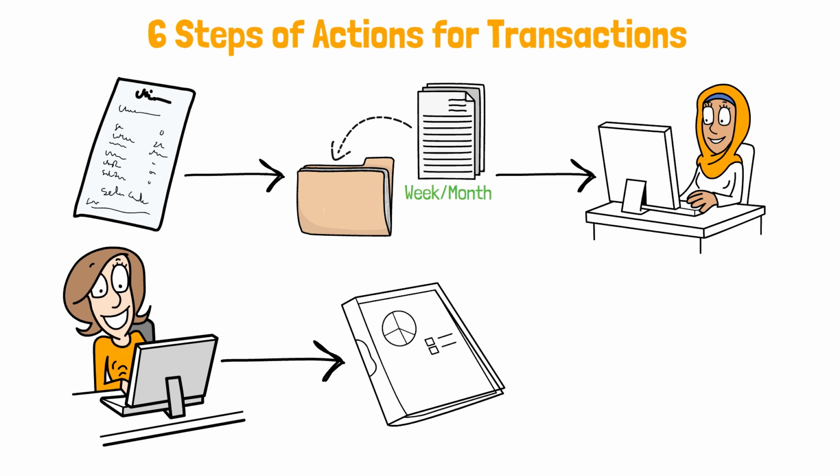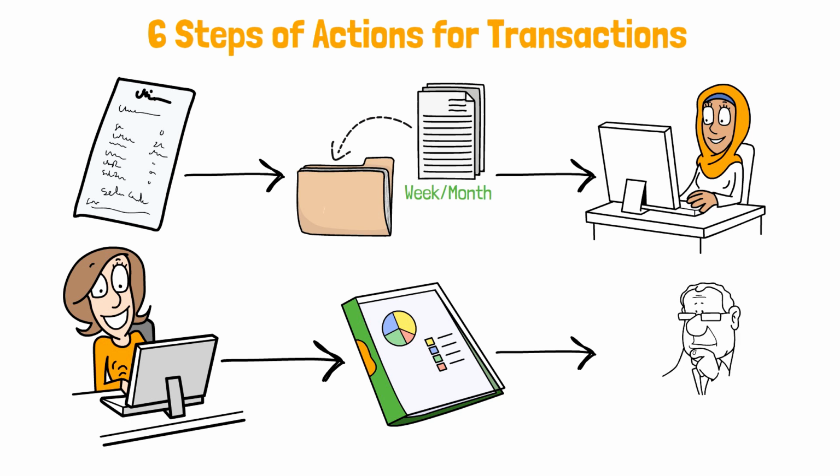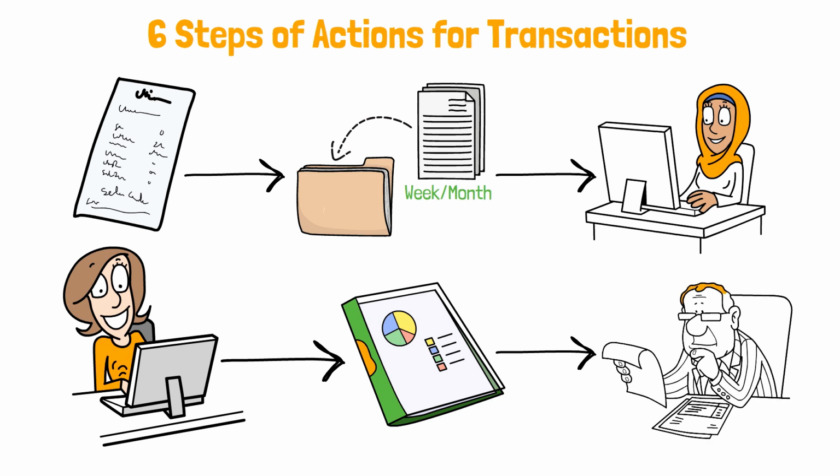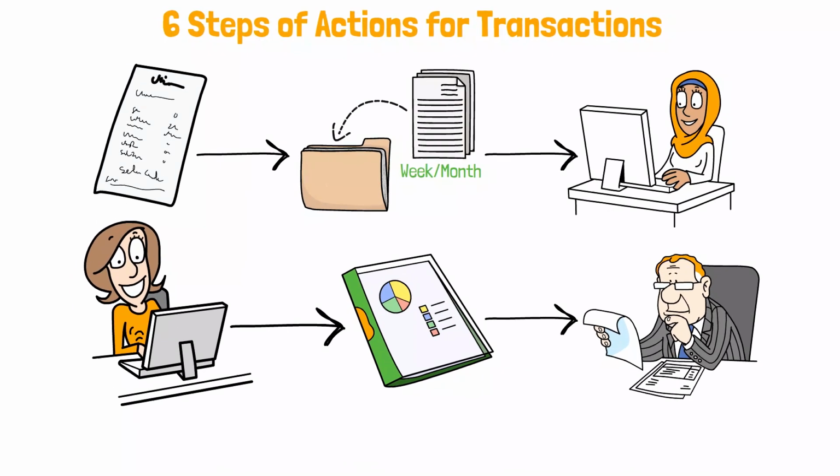After some time, one would need to generate a financial report that summarizes the state and performance of the business. And finally, at the 6th step, additional review and analysis might need to be done on these reports to advise the owners and managers on current and future decisions about running the business.